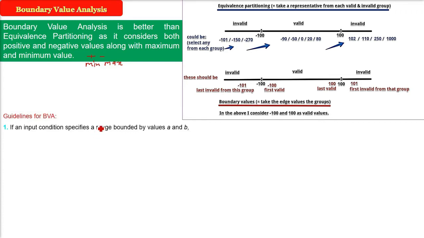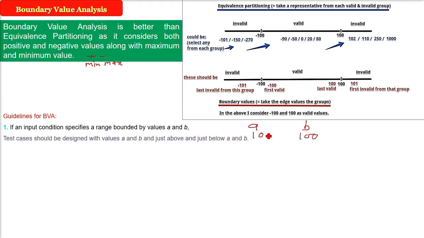The guidelines are: if an input condition specifies a range bounded by values A and B, say A is 10, B is 100, then test cases should be designed with values A and B, and values just above and below both A and B. For example, for 10 you will take 9 and 11 also, for 100 you will take 99 and 101 also.